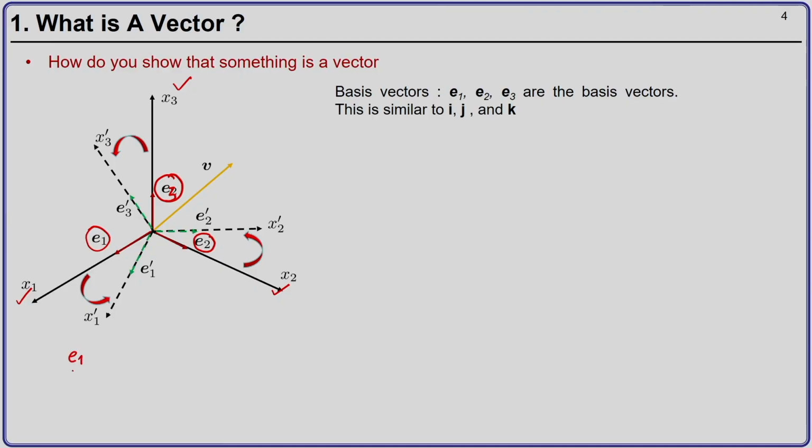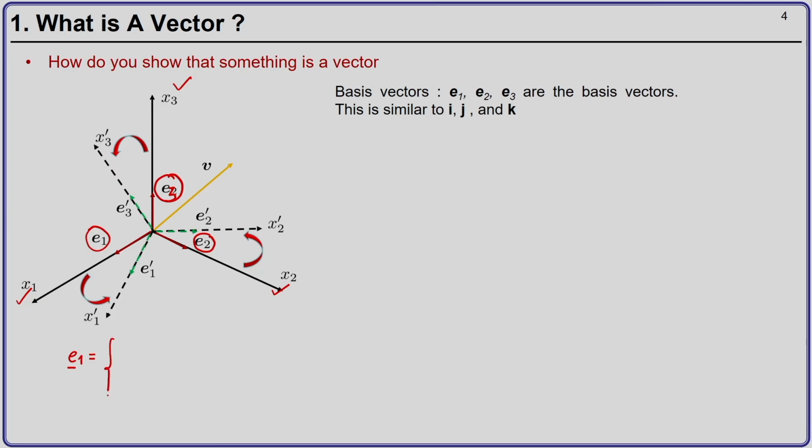What are E1, E2, E3? They are like your i, j, k that you would have studied in your school days. E1 is a vector, and because it is a vector we put a bar below it. E1 is a vector which is entirely along the x1 axis.